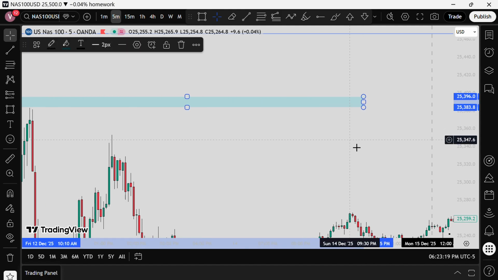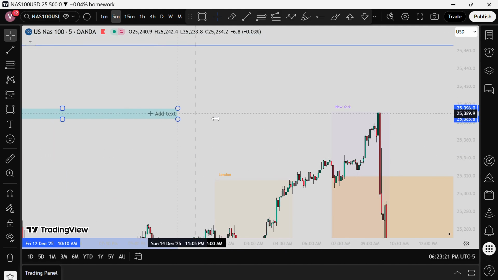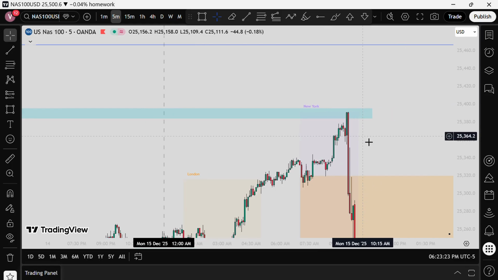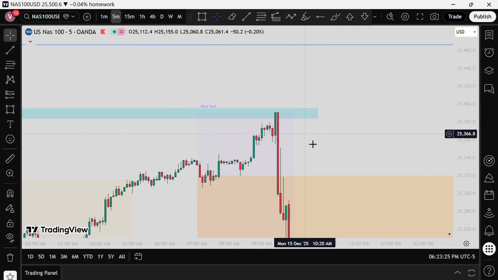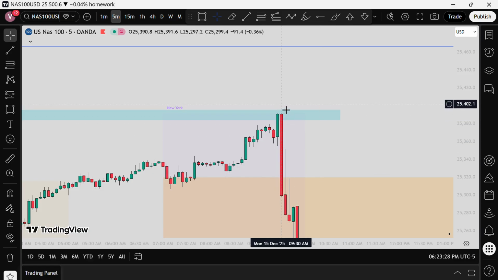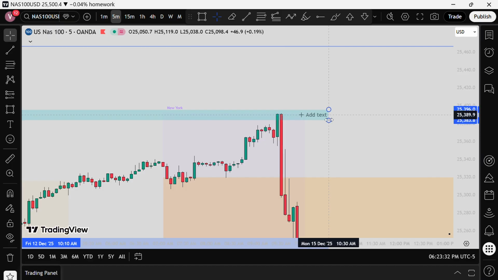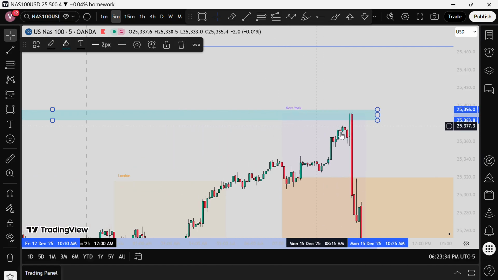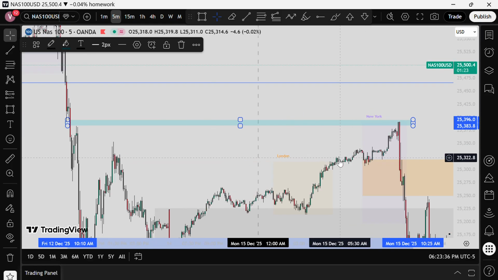The part of it was left open, and that's why if we draw that ahead, we bring that forward, you'll see exactly on the 9:30 opening bell, it taps that inefficiency and starts falling down.